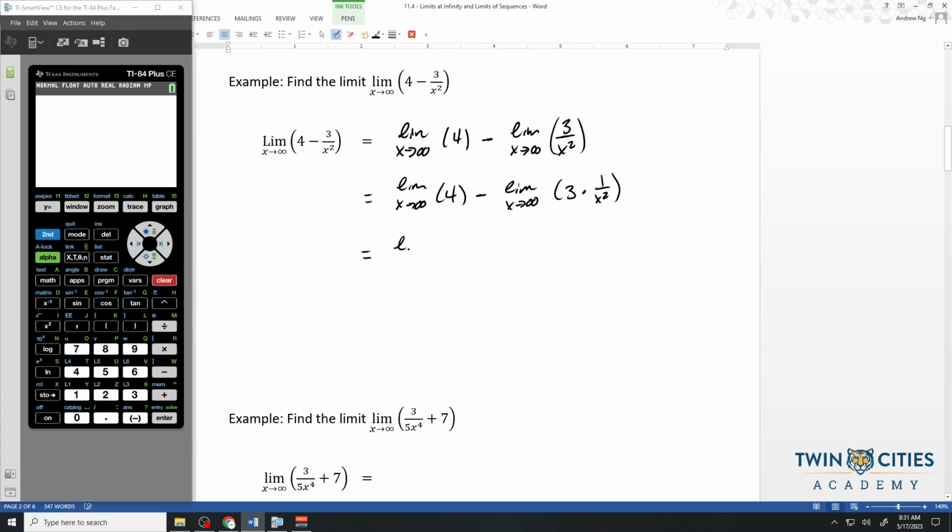All right, so now this is the limit as x approaches infinity of 4 minus, now in brackets, the limit as x approaches infinity of 3 times the limit as x approaches infinity of 1 over x squared.